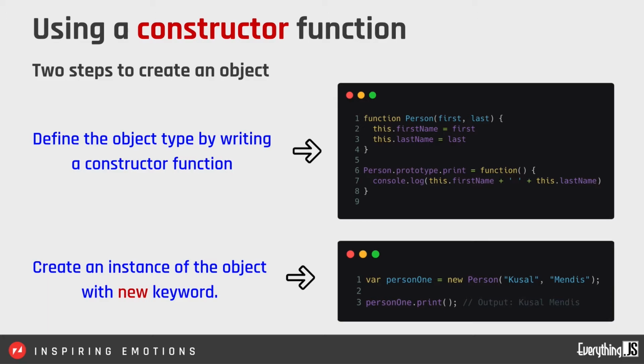So that class is there, nothing will happen to that class. It won't have any memory references to Kusal or Mendis or whatsoever. It is the blueprint, and this will create an instance out of that person class and have those two properties, first name and last name, and it will have a reference to print function.